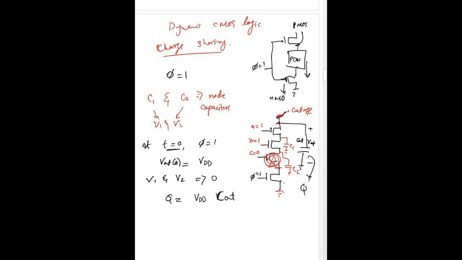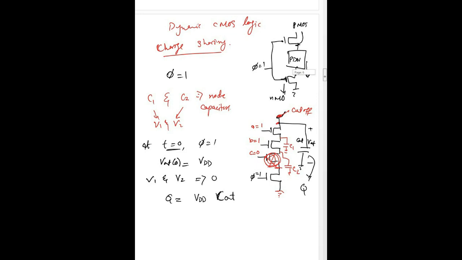So in this case, there is no direct discharging to the ground, but there will be some discharging through C1 and C2. In the ideal case, what we want is that the output voltage should remain high, but that will not be the case because we have the node capacitances, which are C1 and C2.